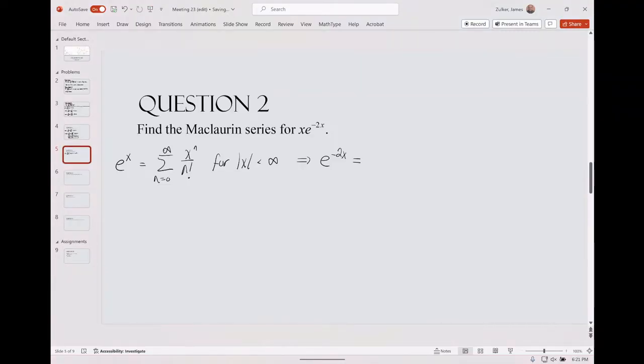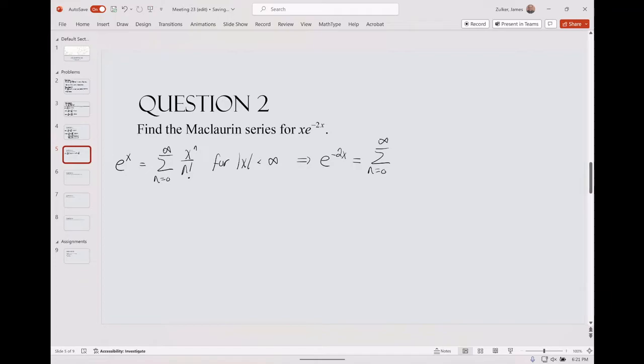So we start with e to the x. Now, e to the negative 2x, how do we do that?